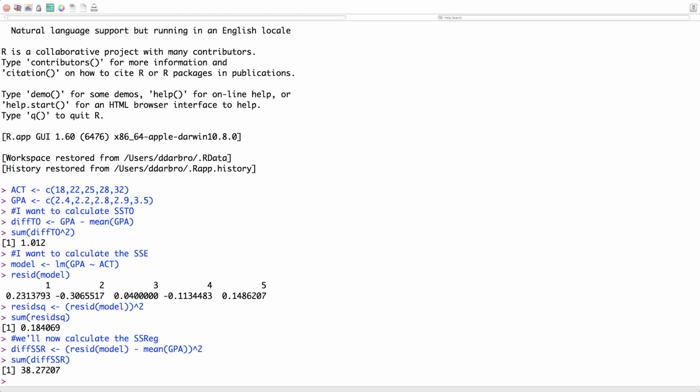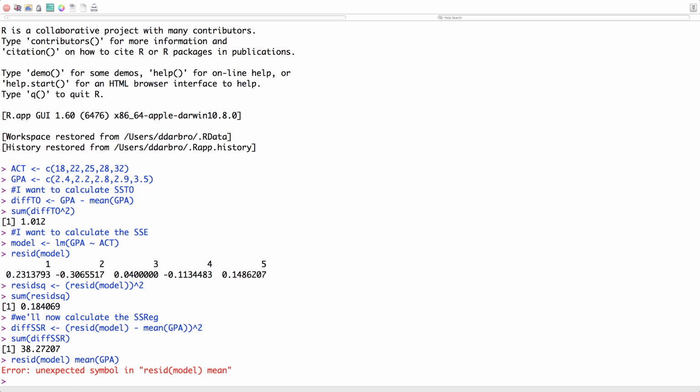Oh, that's lovely. All right, what's going on here? What did we do? Okay, so let's take the residuals for our model minus the mean for GPA.